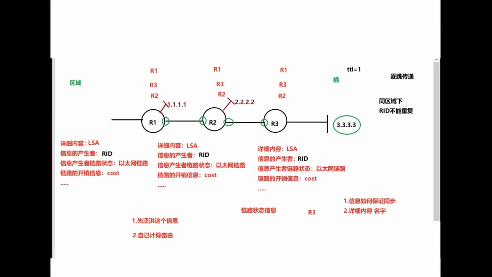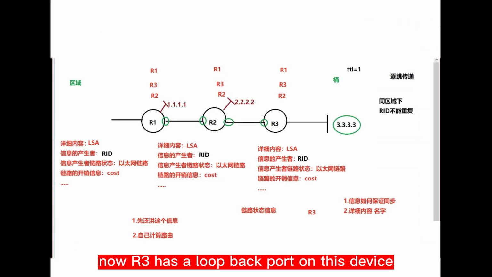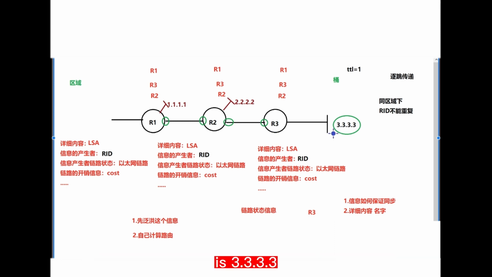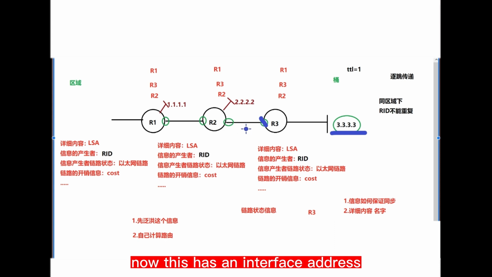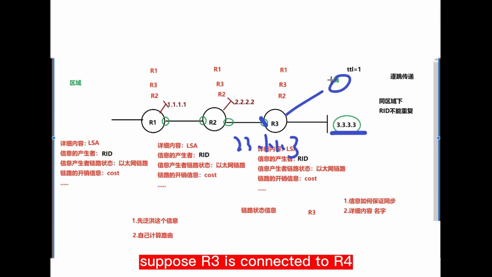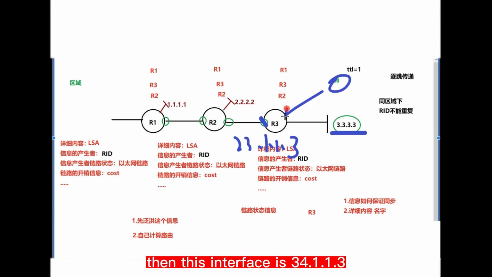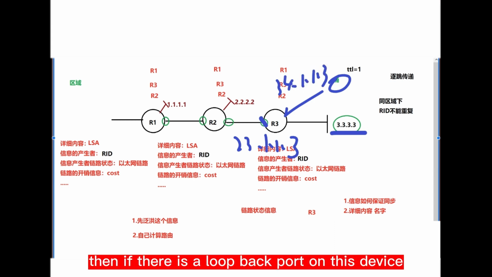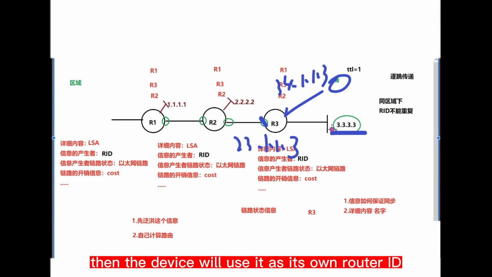For example, now R3 has a loopback port on this device, which is 3.3.3.3. Now this has an interface address 23.1.1.3. Suppose R3 is connected to R4, then this interface is 34.1.1.3. If there is a loopback port on this device and you have not configured router ID, then the device will use it as its own router ID.